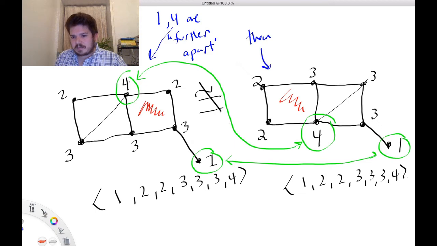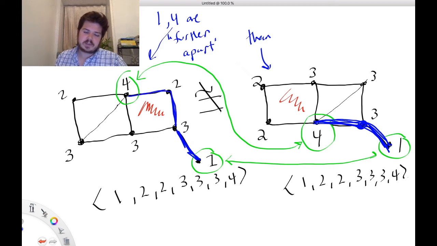In this graph, 1 and 4, we can draw a line. There are two edges connecting 1 and 4. Go through this vertex from 1, connect this edge here, and then this edge here. However, in this one, once I hit this vertex, I have to go either up or down, but neither way would bring me to 4.